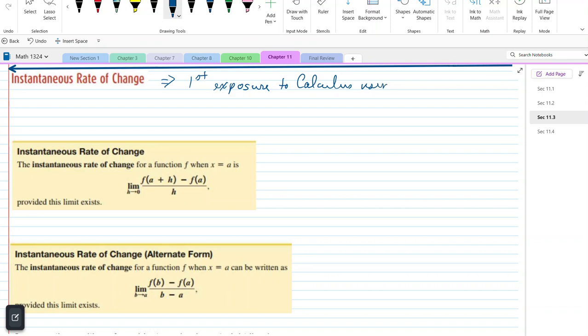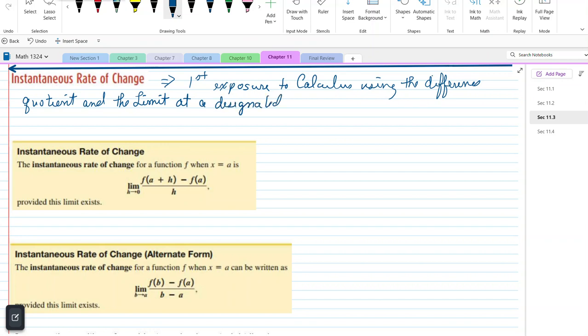Using the difference quotient at a designated x value.